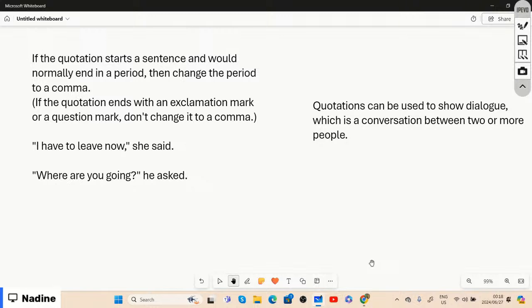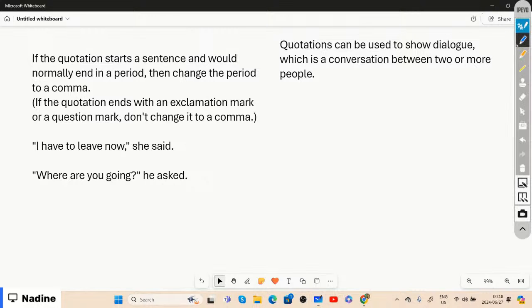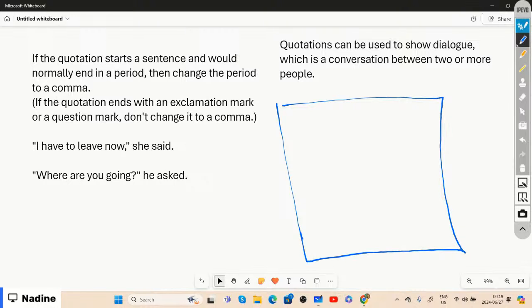But now just think of if your teacher were to ask you to write a dialogue. Because we are actually talking about dialogues and quotations. Remember with a dialogue, imagine this is your page, and you're writing a dialogue, a conversation between two people.